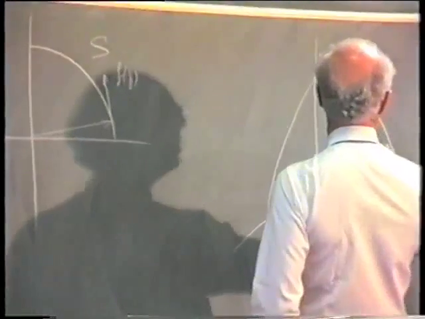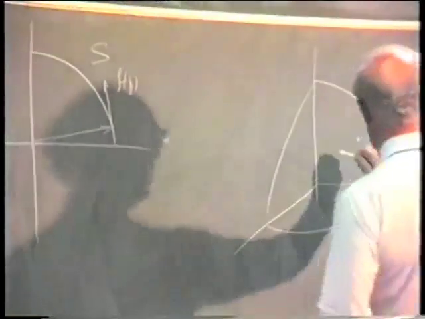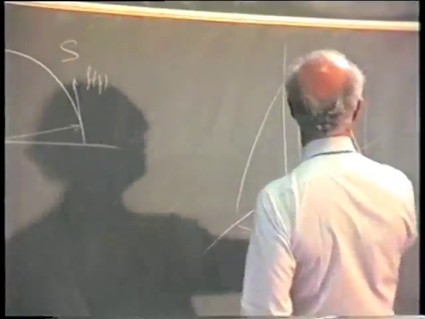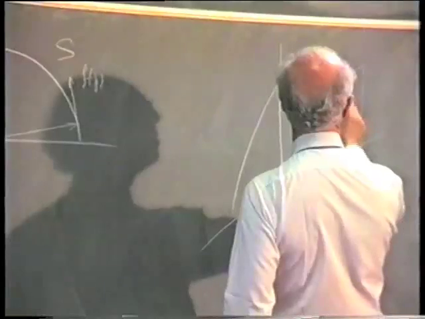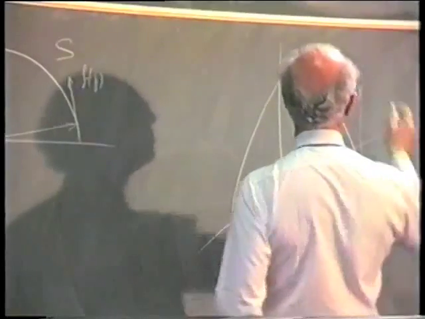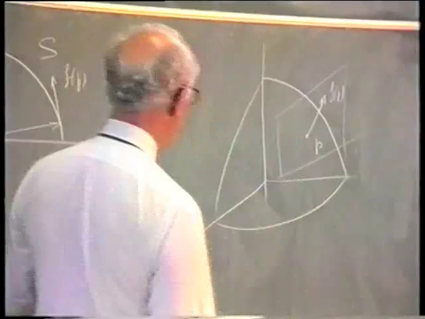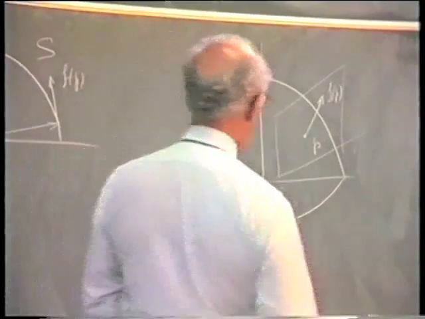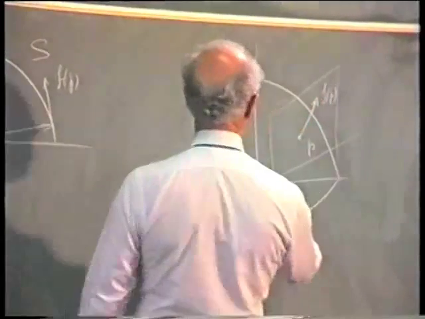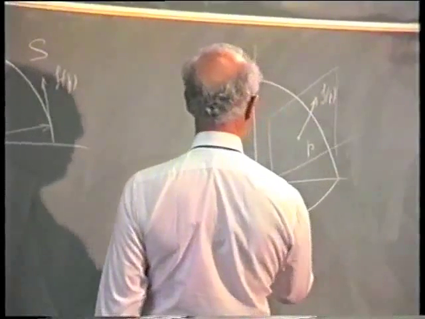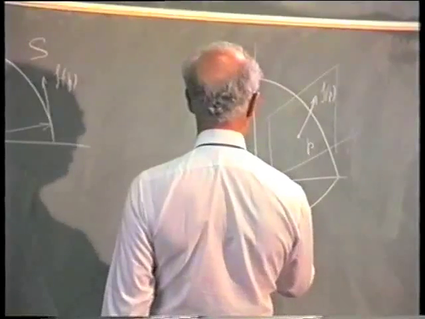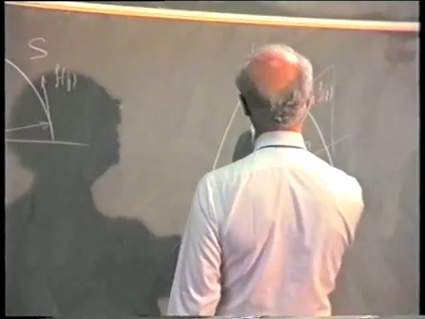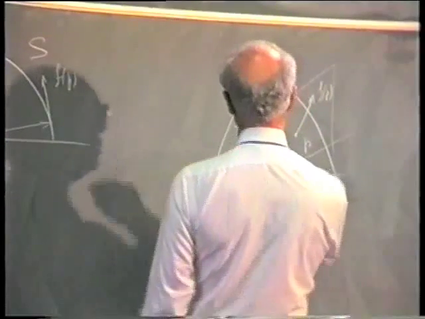Suppose that P is here somewhere. You have a tangent plane, and you have f of P like this. And we are going to decompose f of P into a sum of 3 vectors, which will be obtained in the following manner. Let A1 be the unit vector on the first axis, A2 on the second, A3 on the third.